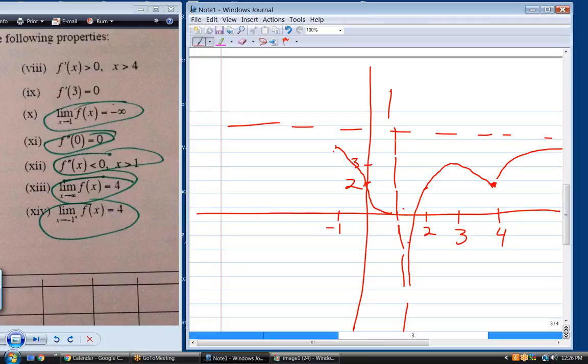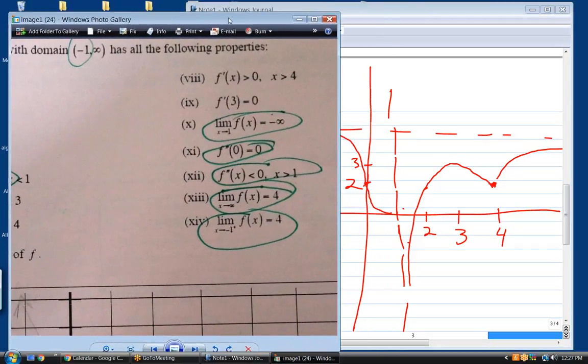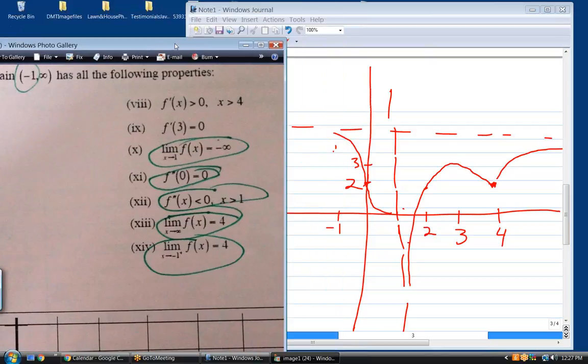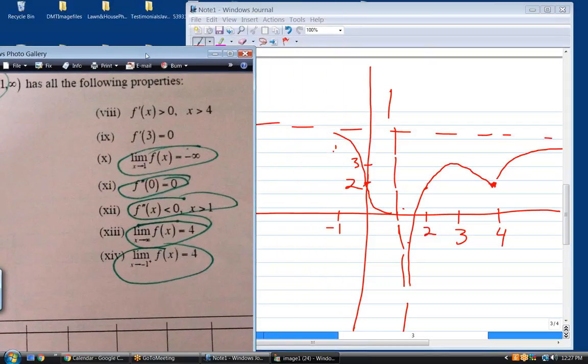So we still satisfy all the conditions, but now as I approach -1 from the right side, I know that much right there. And I think that's all I know. Let's see. The domain was -1 to infinity, so there's nothing left of -1.